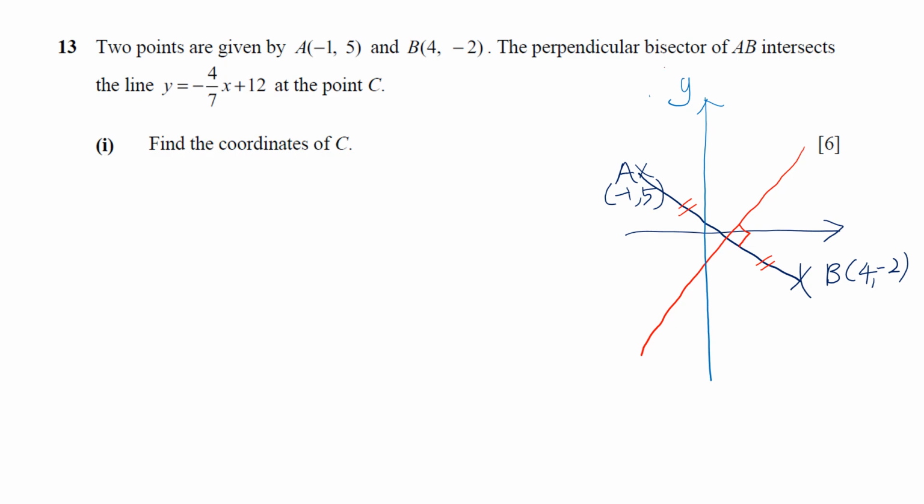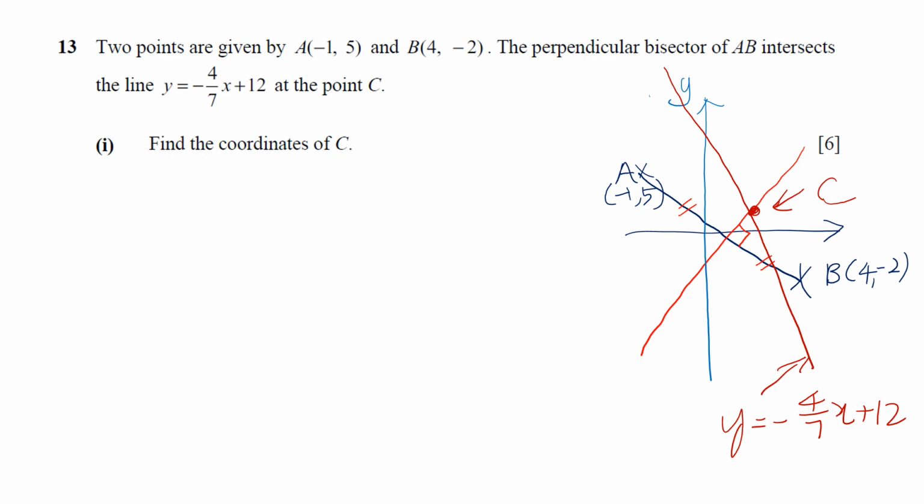Something like this, and that is point C. You don't need to be very accurate. You can't be accurate anyway because you don't know exactly where point C is, but you have a rough idea of what you need to do. So find the coordinates of C.